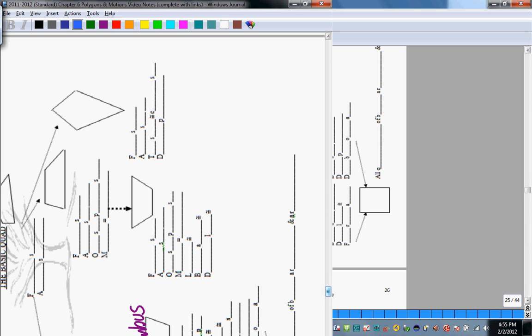I know this is redundant, even though you're writing the same thing over and over again. It helps reinforce. So please do take the time to rewrite these sections.